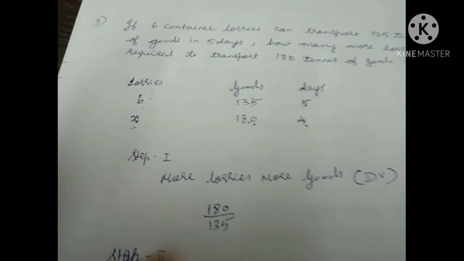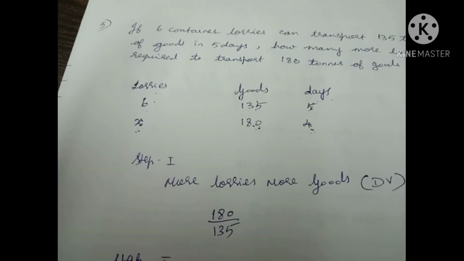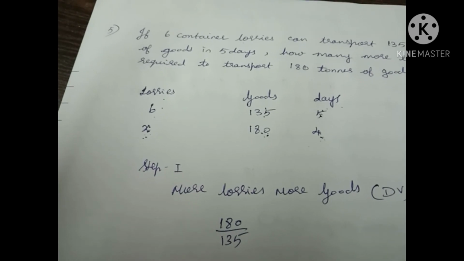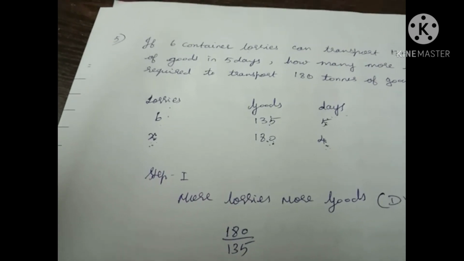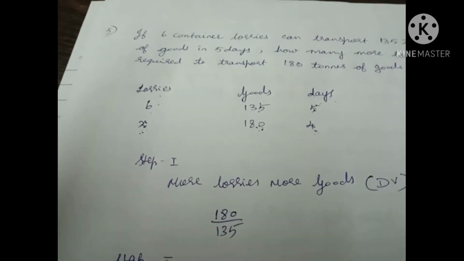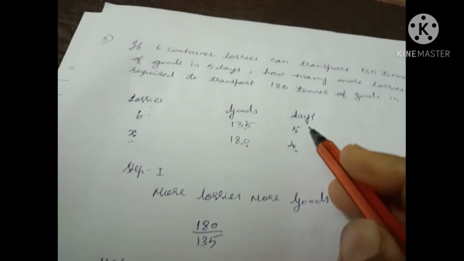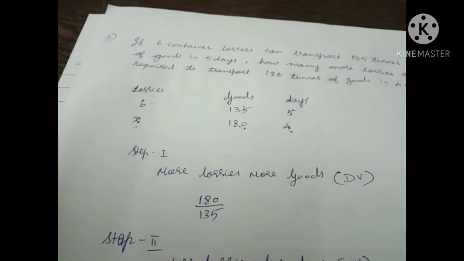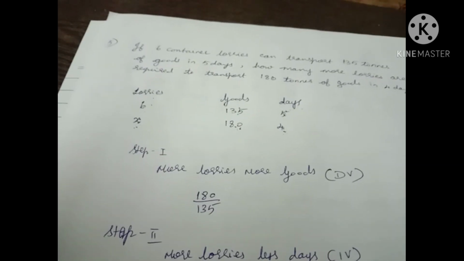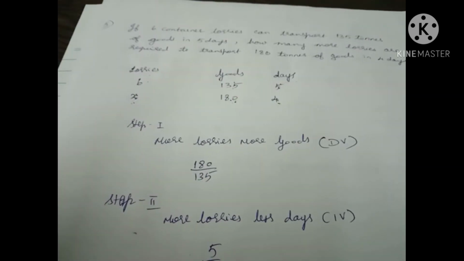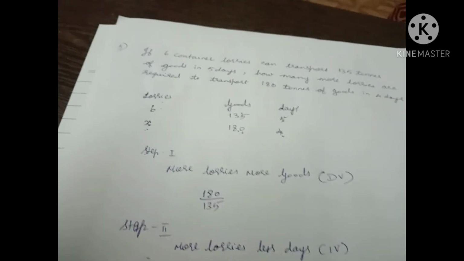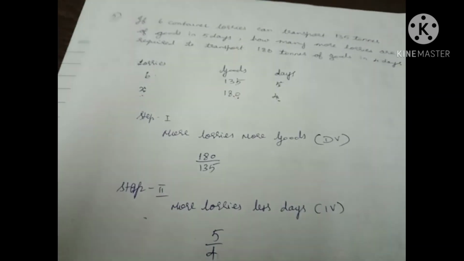Inverse variation. More lorries, less days. Therefore inverse variation. Inverse variation means the multiple factor you have to write as it is, 5 by 4. Your final step is 180 by 135 into 5 by 4 into 6.